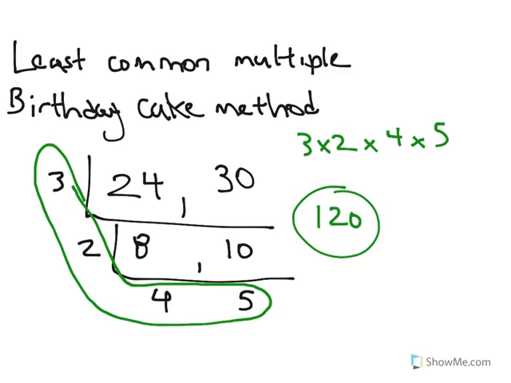So that's going to be the least common multiple. The reason why that works is that 5 times 24 is equal to 120, and 4 times 30 is equal to 120 also. So that is accurate.